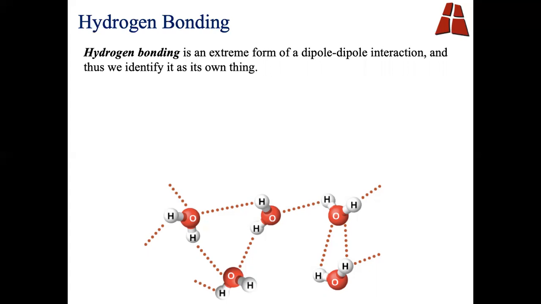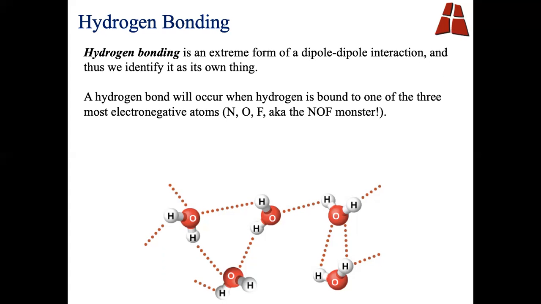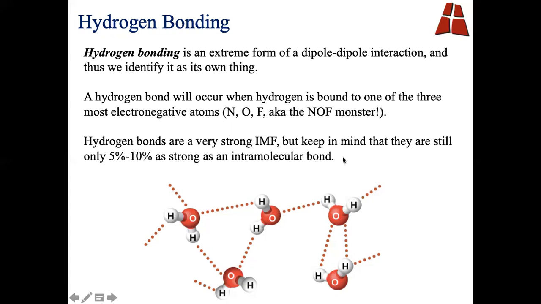Right, next up we have hydrogen bonding, and really hydrogen bonding is an extreme form of a dipole-dipole interaction, but it's so extreme that we identify it as its own thing. And so a hydrogen bond will occur when a hydrogen is bound to one of the three most electronegative atoms, which are nitrogen, oxygen, and fluorine. I always remember it as the NOF monster, NOF, but I've also heard it as FON, FON monster, whatever you'd like to call it.